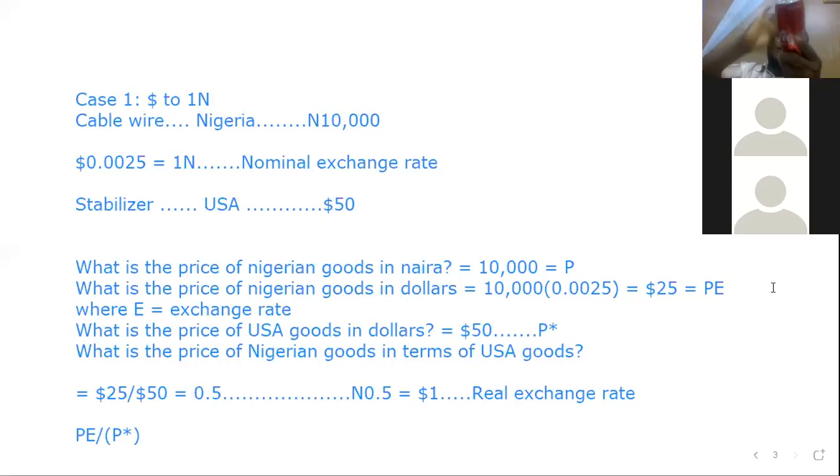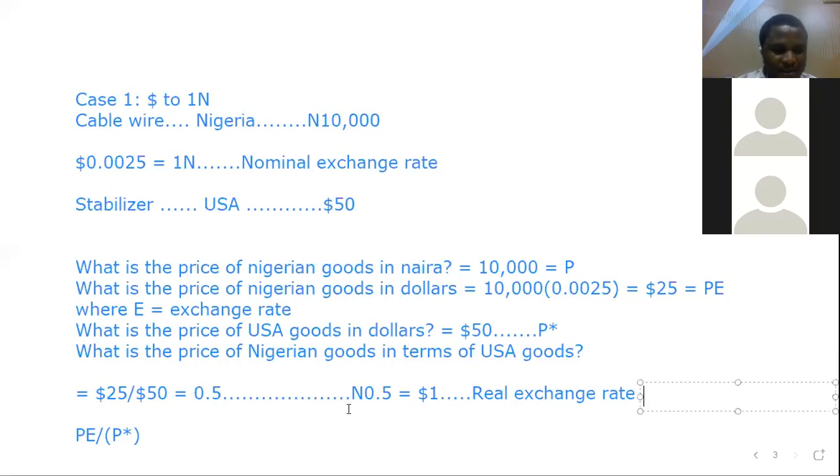But I want to exchange this cable with stabilizer. How much is stabilizer in America? $50. But this cable is $25. I will need two of these cables to be able to exchange for one stabilizer.